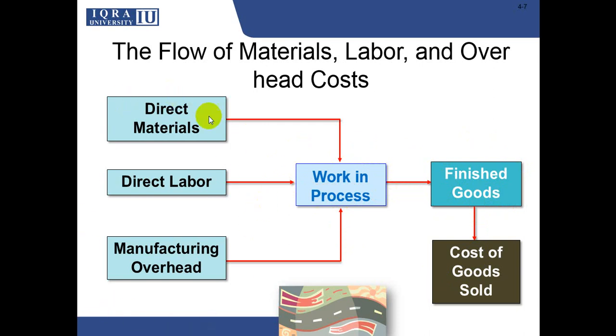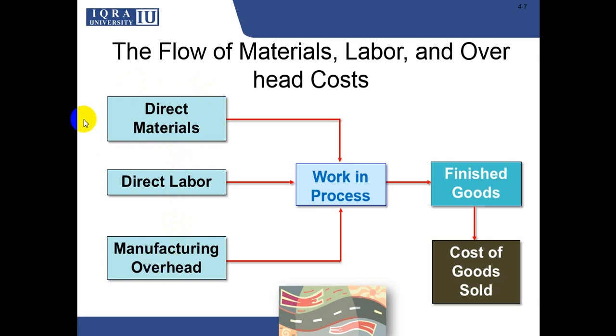One is input phase, one is process phase, and third one is output phase. In an input phase, we take direct material, direct labor and manufacturing overhead. And in general discussion in chapter 1, we have discussed in detail how to calculate the direct material, how to calculate the direct labor, and what are the manufacturing overheads, right?